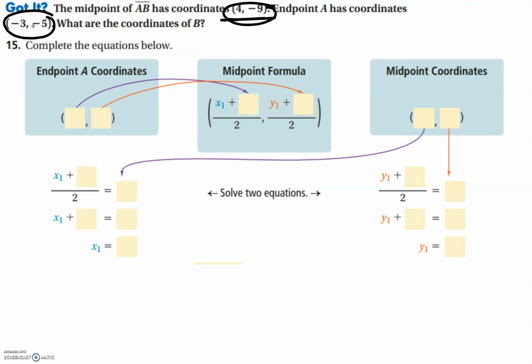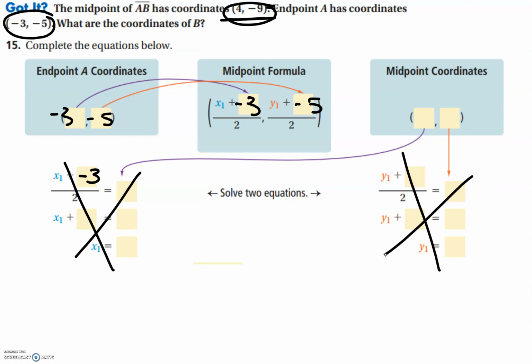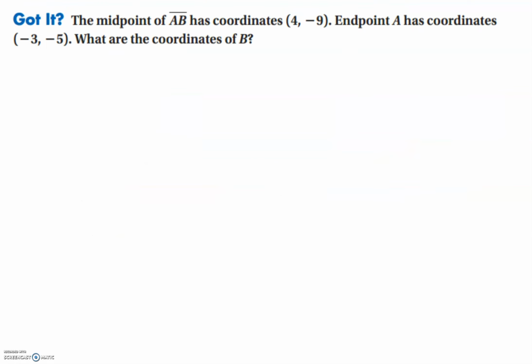There's a whole big long formula for how to follow this. Your endpoint A is at negative 3, negative 5. You plug them in over here, then plug this in over here. So you get x1 plus negative 3 divided by 2. This is already super confusing, so we're not even going to do this. We're going to move on to a different example. I'm going to show you how to do these problems.